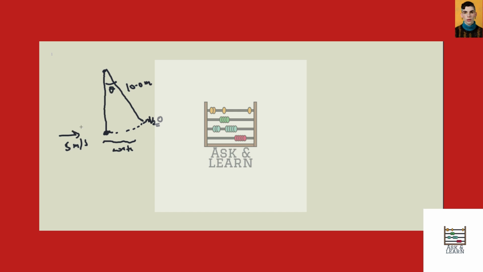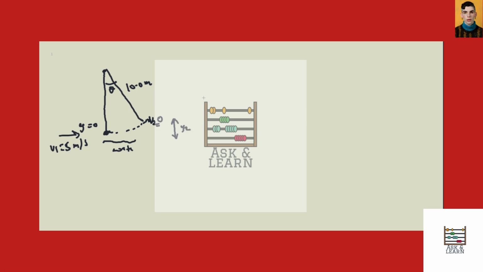So we can assume that at this point y1 is equal to 0, v1 is 5 meters per second, and v2 is equal to 0, and we just need to find this height, which is y2.